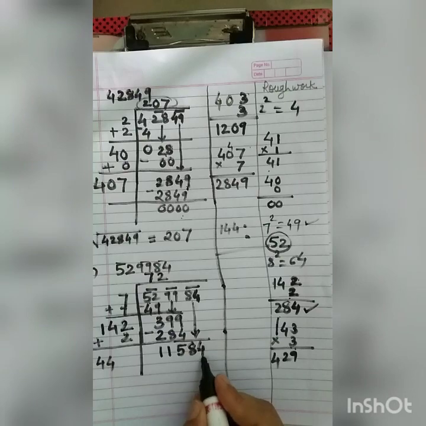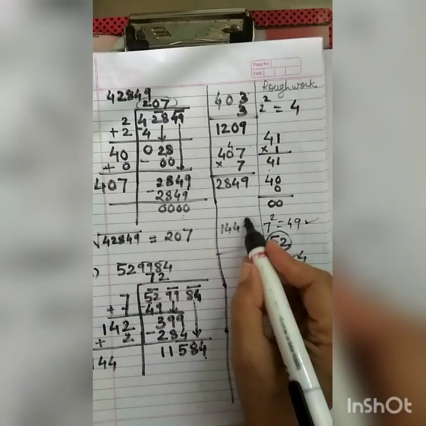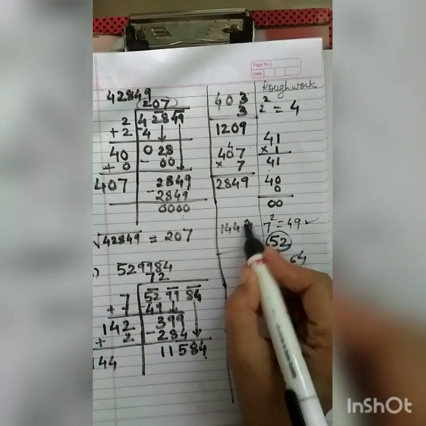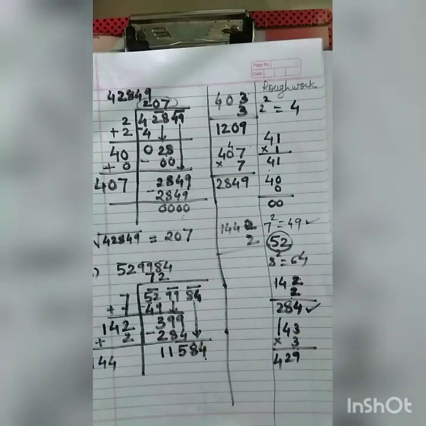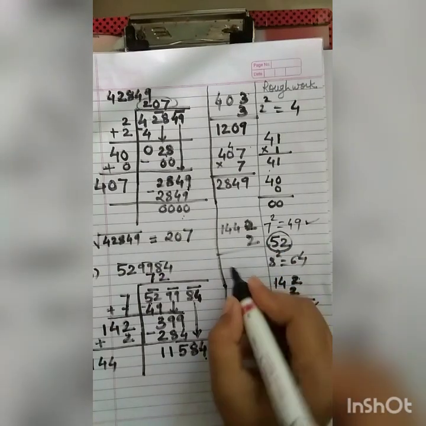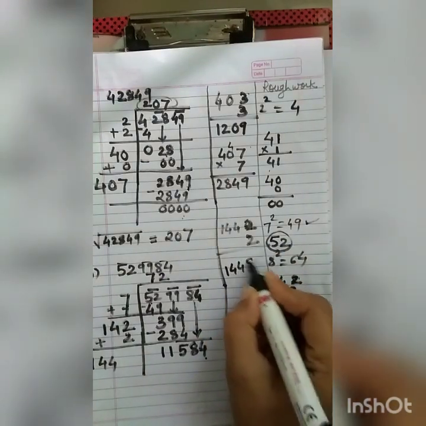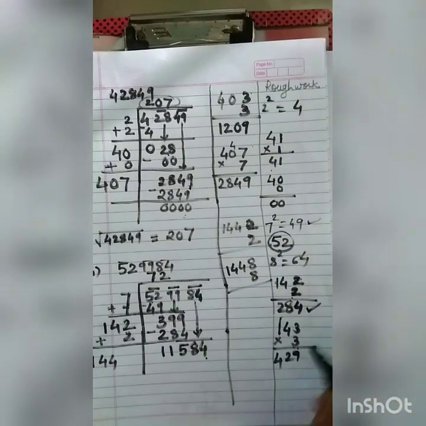As the last digit is 4, I know that by 2 or 8 I am getting 4. By 2 it will be so small, so instead of 2 I will go with 8.